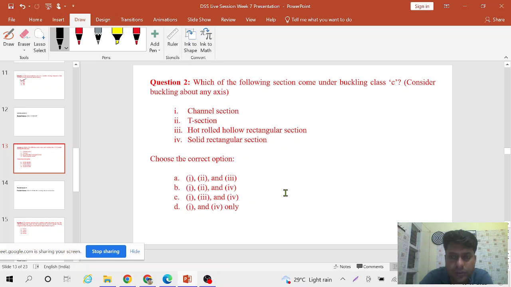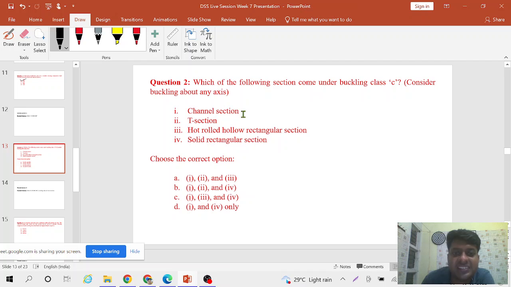Welded box section, then welded I section. There are different cases for rolled I section and welded I section. Check it like this.